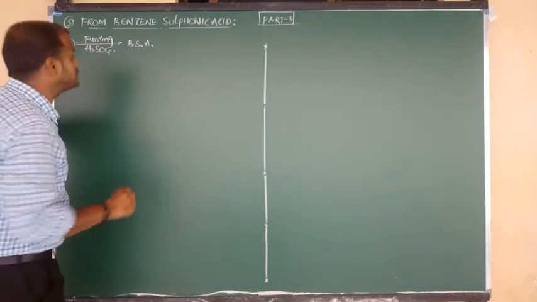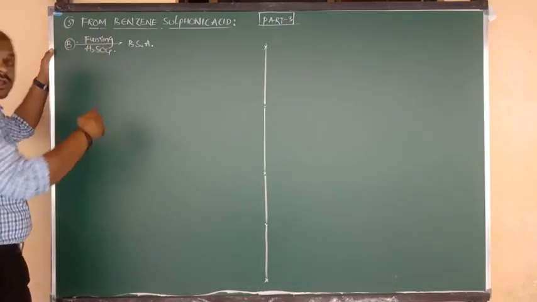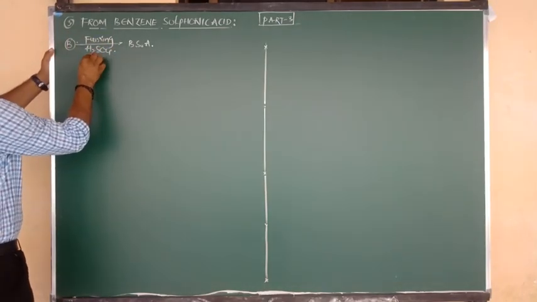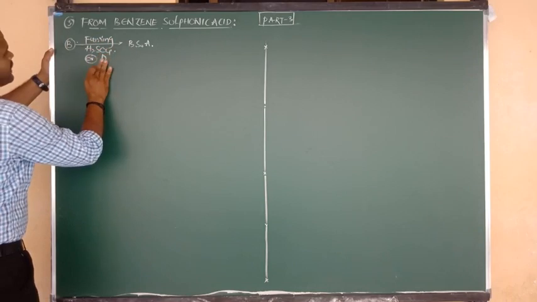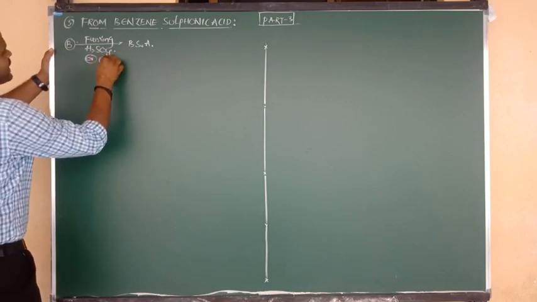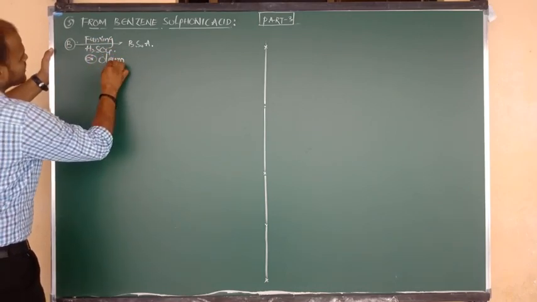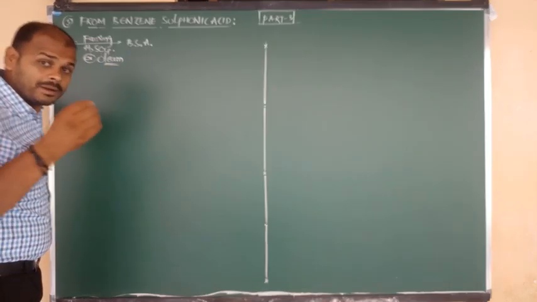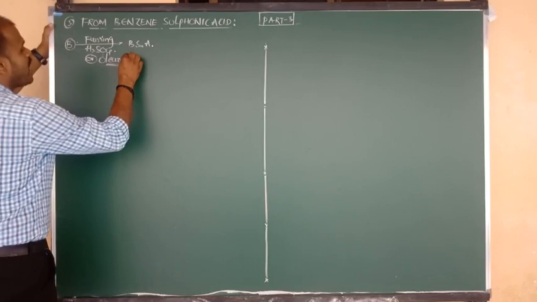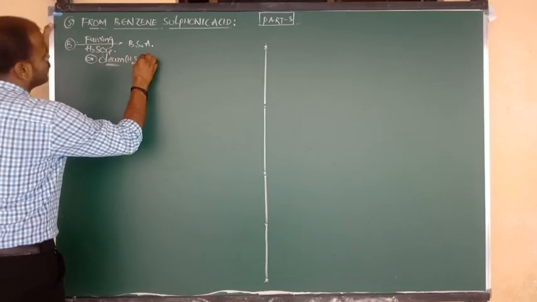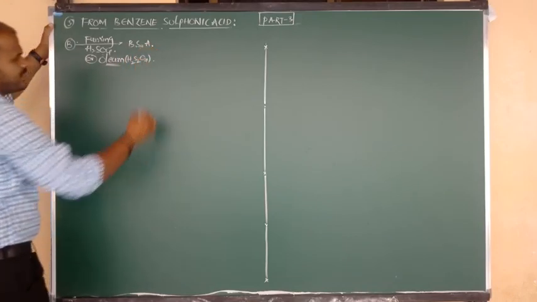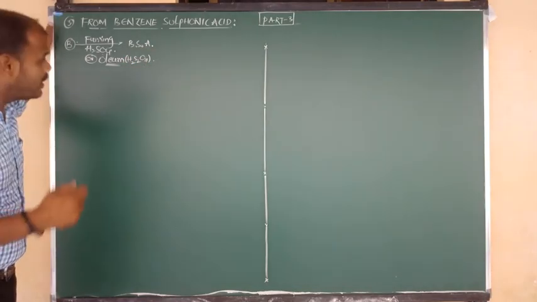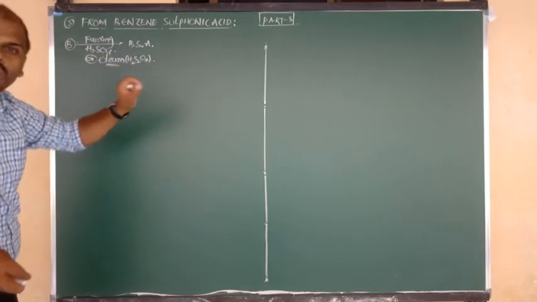One more point: instead of fuming sulfuric acid, we can consider another word, oleum. What is meant by oleum? I hope you may know the formula, but try to remember it. The formula of oleum is H2S2O7.